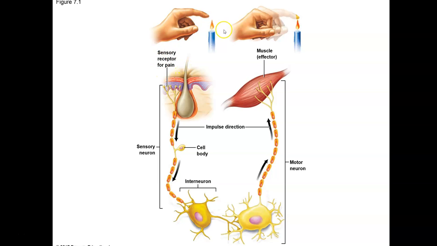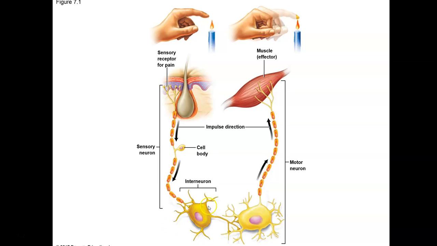As the finger is close to the flame, sensory receptors detect the information and they send it through the sensory neuron to the brain and the spinal cord. Here is the sensory neuron. Sensory neuron carries that information to the interneuron. Interneuron decides what to do.